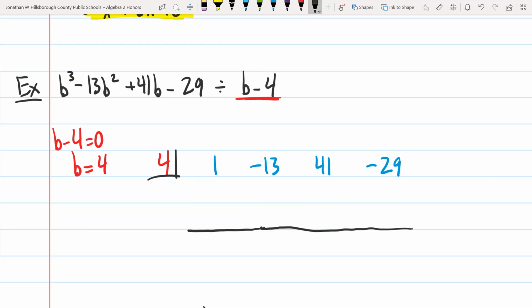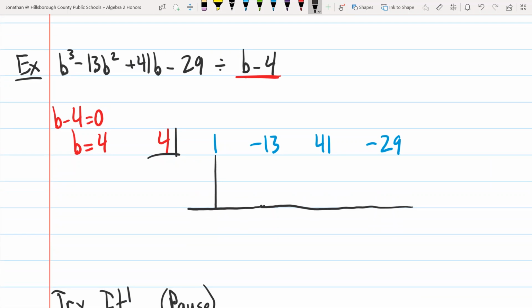Step 1, drop the first one, 1. Multiply by the number in the box, 4. Add down again, 4 and negative 13 makes negative 9. Multiply by the number in the box, we got negative 36.